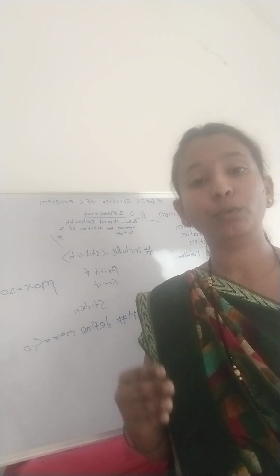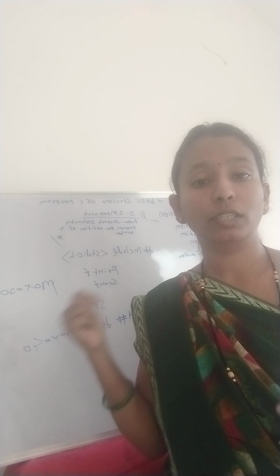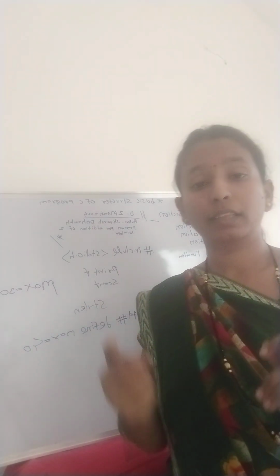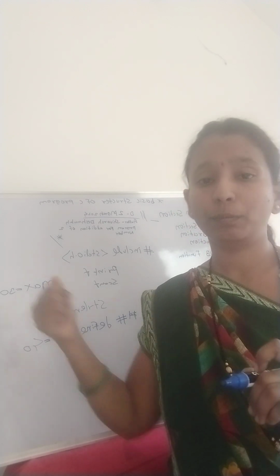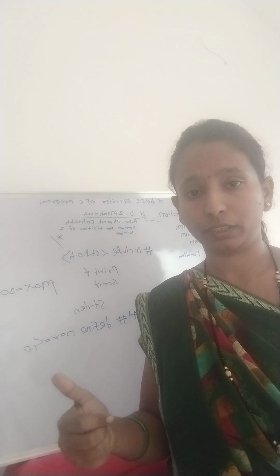I know, and you know, what printf and scanf are, but the compiler doesn't know about them. When I include the header file, it gets the meaning of printf and scanf and performs those operations.